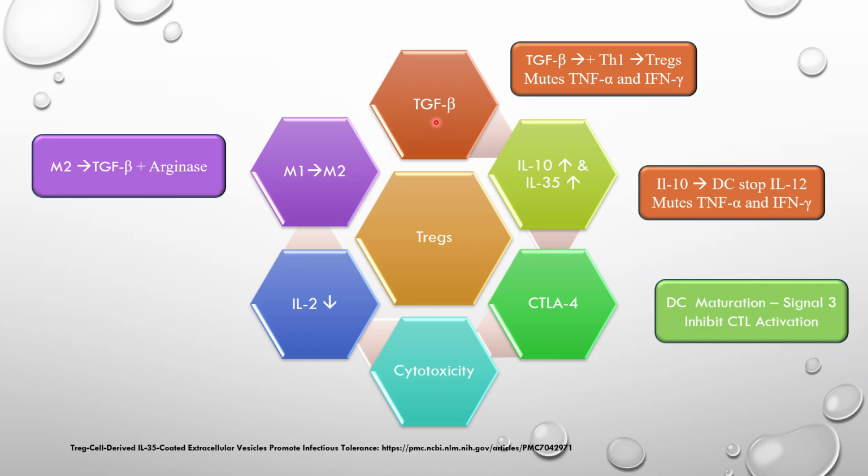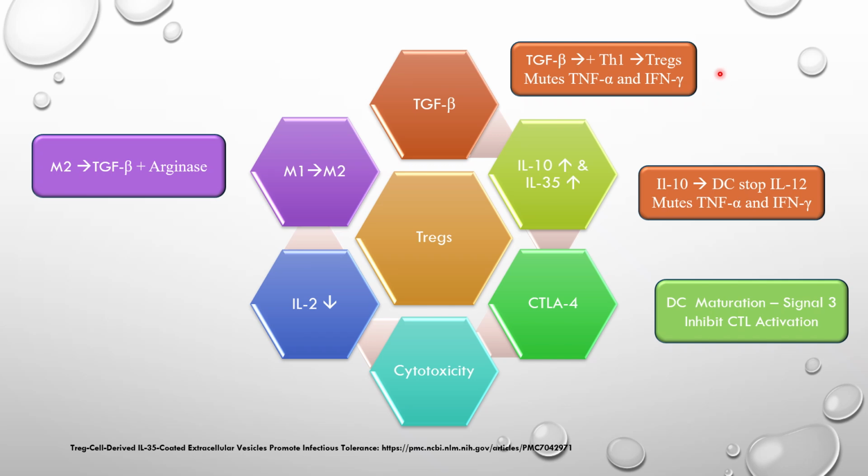TGF-beta also turns off the cytotoxic T lymphocyte and the T helper cells. It mutes the TNF alpha signal and the interferon gamma. So no more warning signs, no more inflammation.